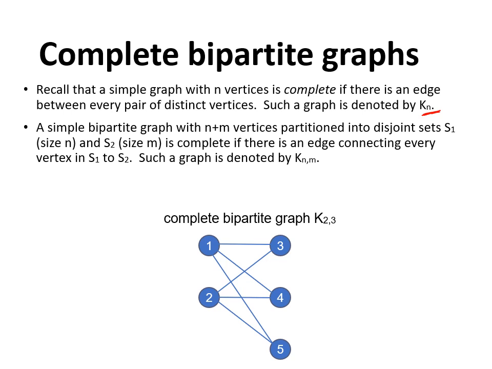And we denote such a graph with K_n,m. And here is an example of a complete bipartite graph K_2,3. So as you can see, all the vertices in S1 are connected to every vertex in S2.